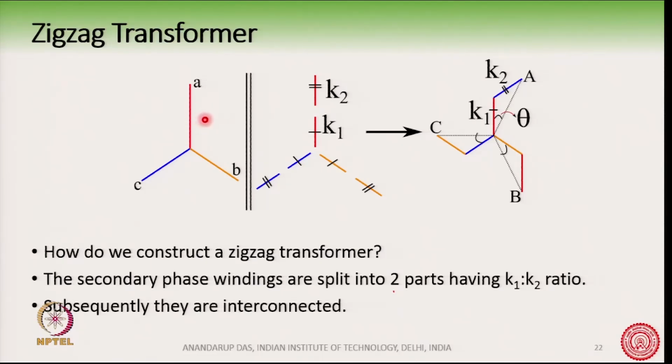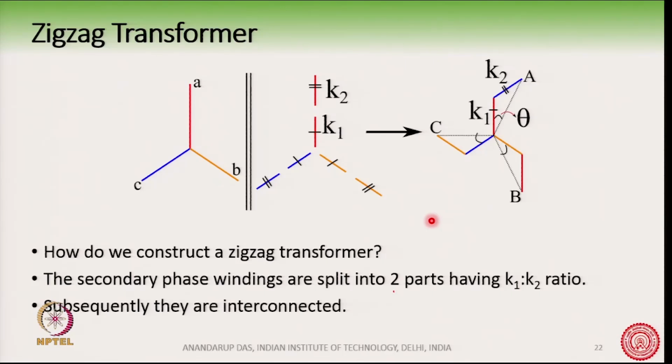If the number of turns here is 1, we can say that this turns ratio is K1 and this is K2, of the R phase. So, we have now physically split the R phase winding into 2 parts having turns equal to K1 and K2. Similarly, we have also split the Y phase and B phase into 2 parts having K1 and K2.